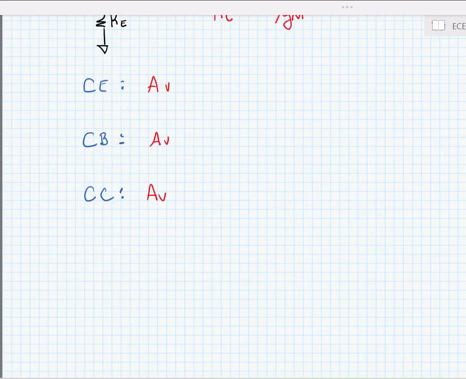We can now use these to write expressions for voltage gain for the common emitter, CE, common base, CB, and common collector amplifiers.